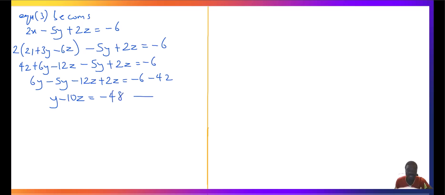So let's call this equation 5. Now we have equation 4 and we have equation 5. So what do we do? Solve equation 4 and 5 simultaneously.